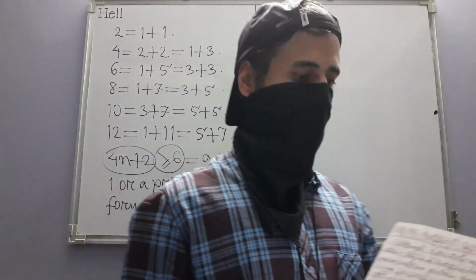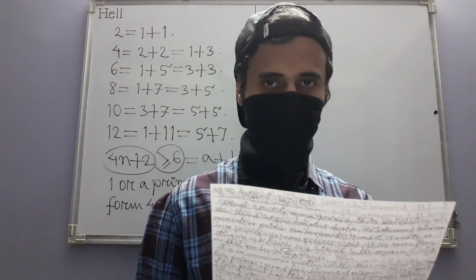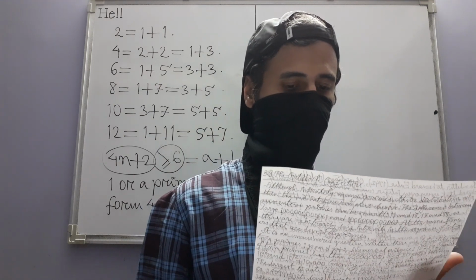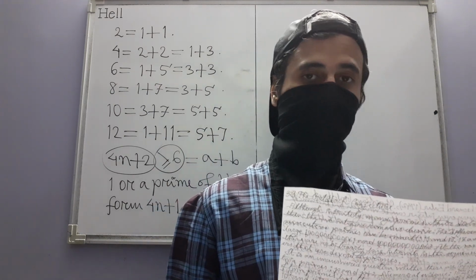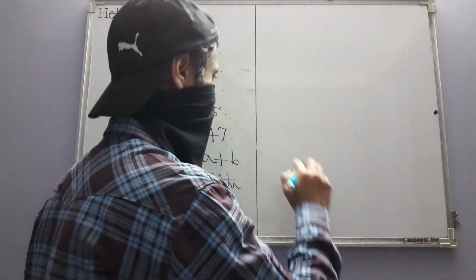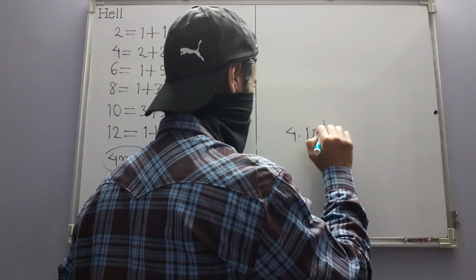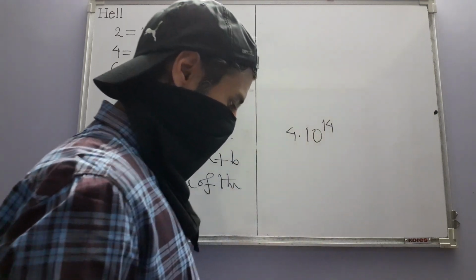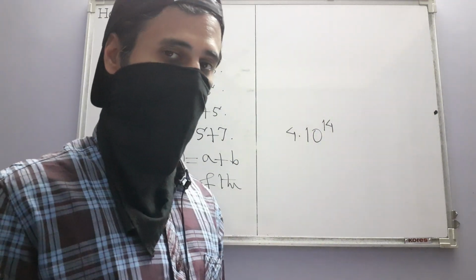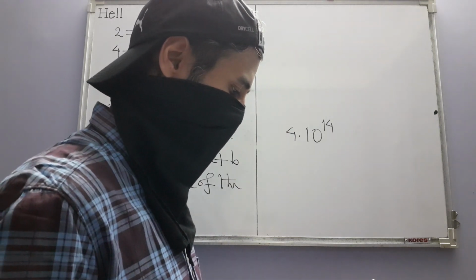Goldbach's conjecture at the time of writing this textbook was verified for all integers less than this enormous number, 4 times 10 to the power 14.